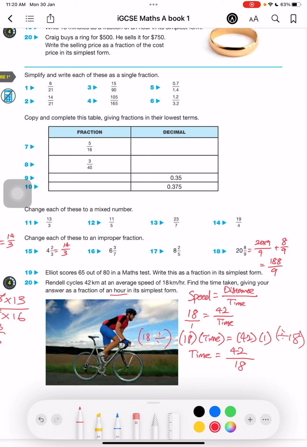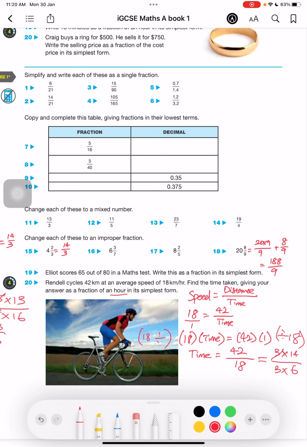Therefore, we can simplify this to give you 42 over 18. We will break it down into the factors, which gives you 3 times 14 over 3 times 6.